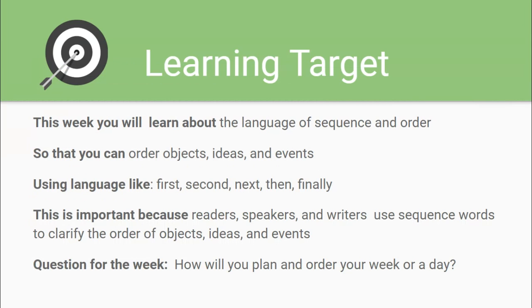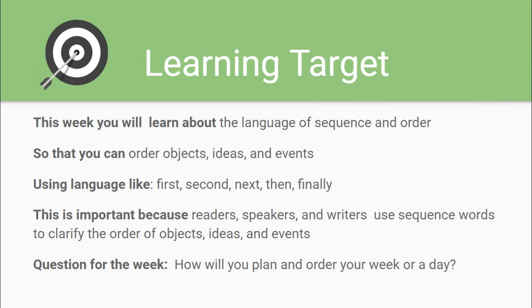Now, today, I'm going to teach you about some language, some vocabulary of sequence and order, so that you can order objects, ideas, and events. We're going to be using language, vocabulary like first, second, next, then, finally. Why is this important?